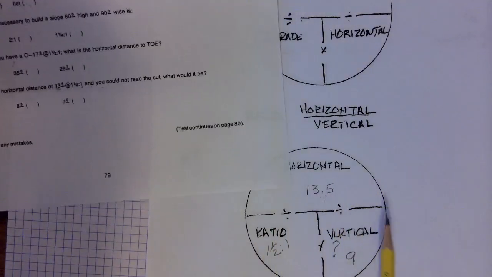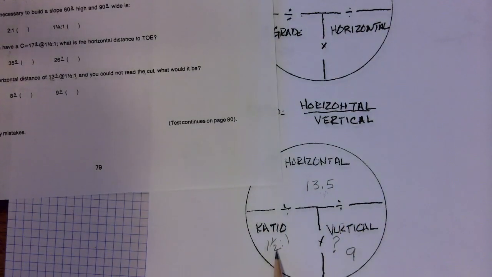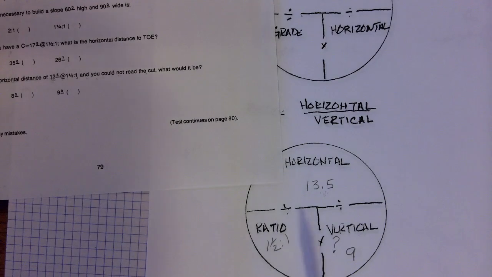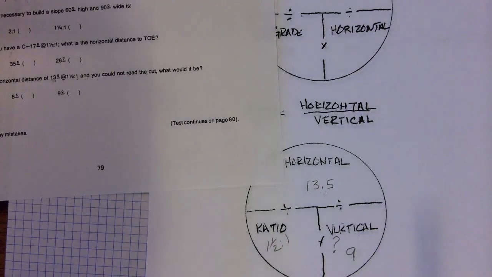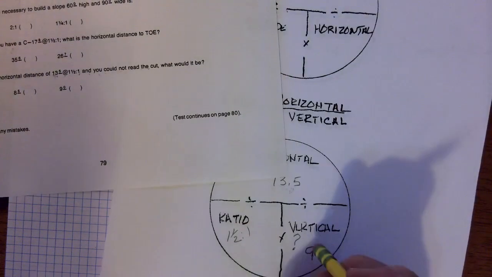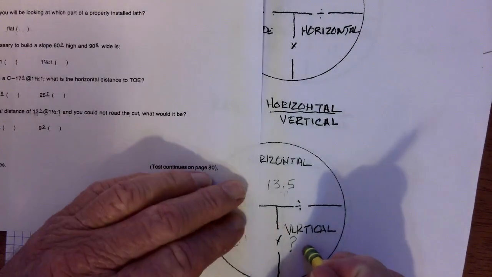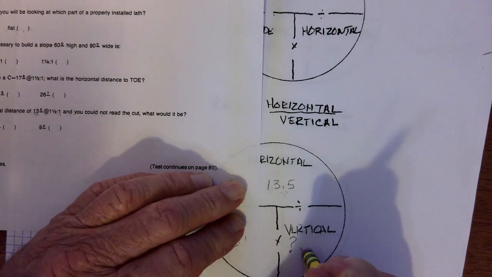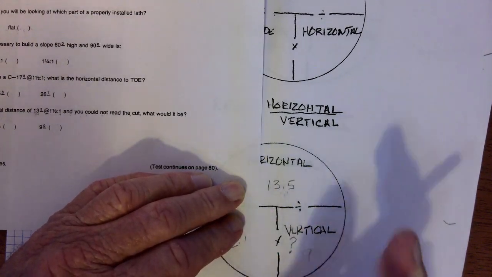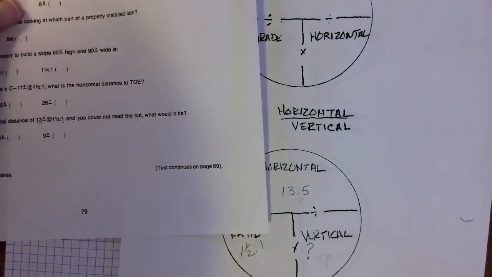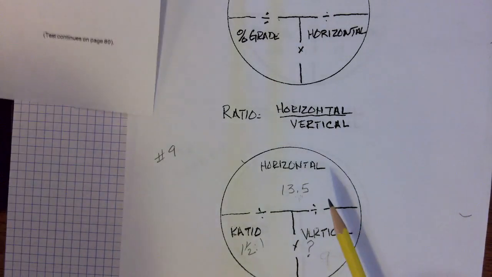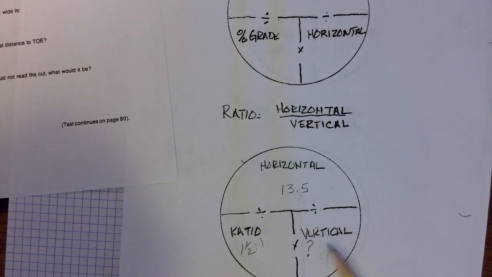We know the slope ratio to be 1.5 to 1. So we go over here and we put the 1.5 over here. Now, what we didn't know, let's leave it without an answer. So we got a little curveball thrown, but it's still all here.